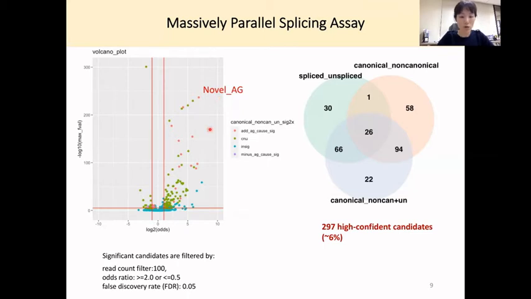In other words, these mutations create a novel AG in the intron. So the mutations either affect the choice of canonical splice site or they affect the splicing efficiency. Together, we have about 300 high confident candidates that have over twofold change.